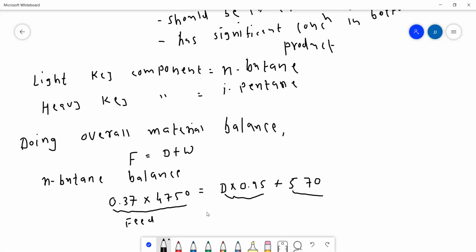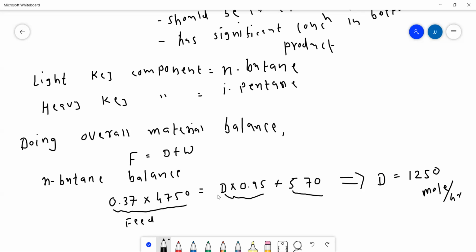So from that you will get D. Now the only unknown parameter is D. So D is equal to 1250 mole per hour. It is the distillate flow rate.